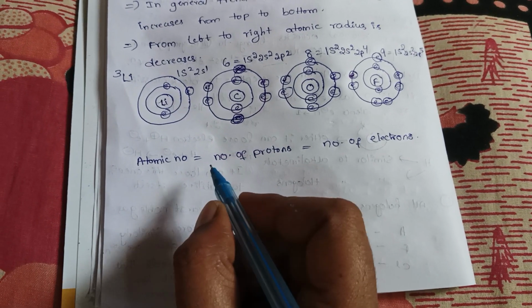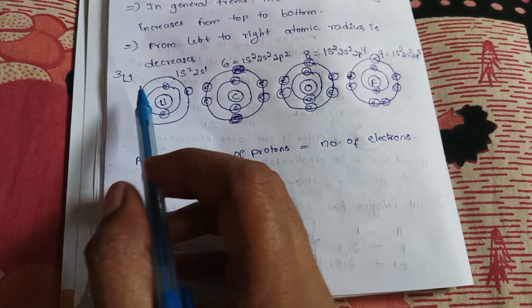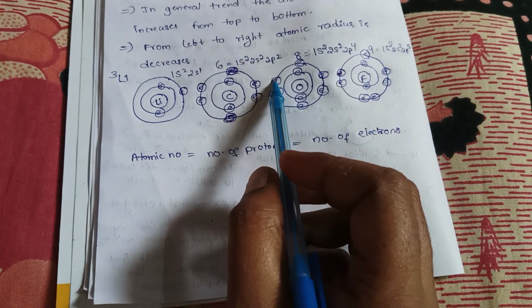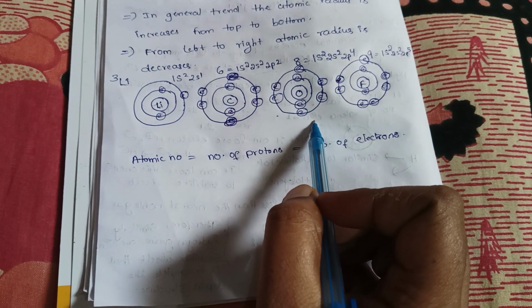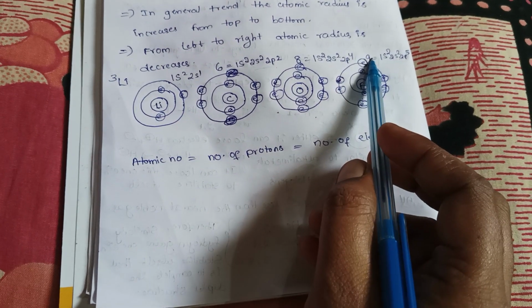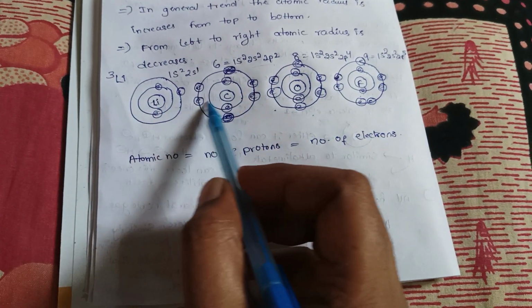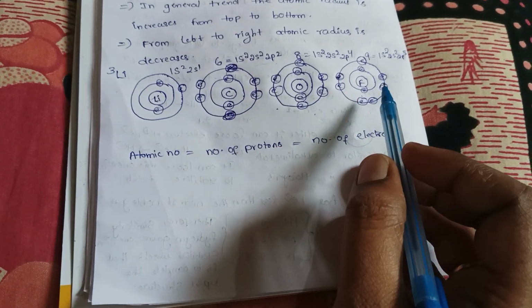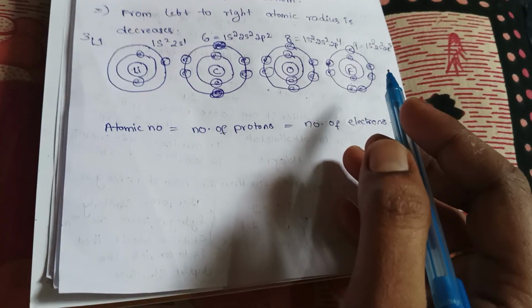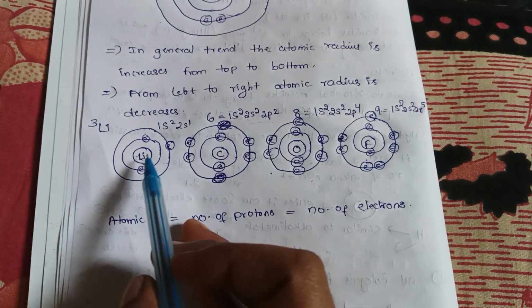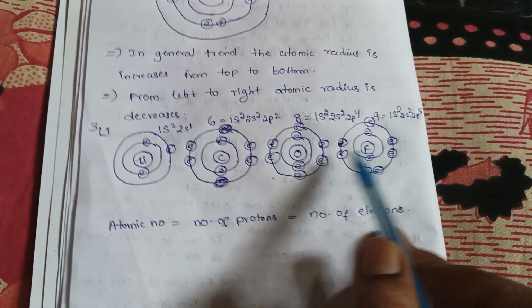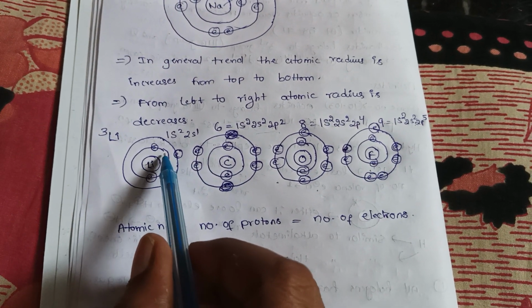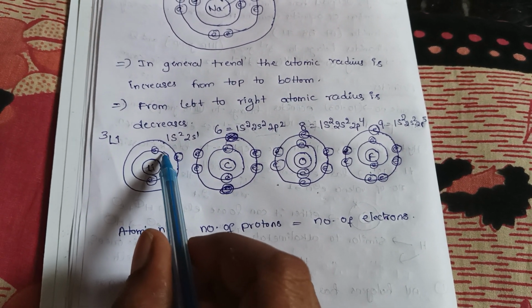Here if we observe, atomic number for lithium is 3, for carbon is 6, for oxygen is 8, for fluorine is 9, right? The atomic number is increasing, but the number of shells remains constant. Here how many shells are present? 1, 2.